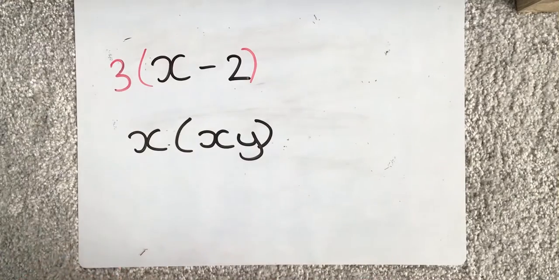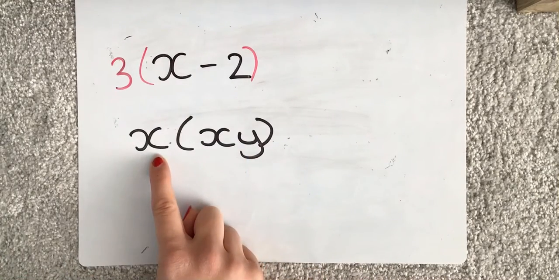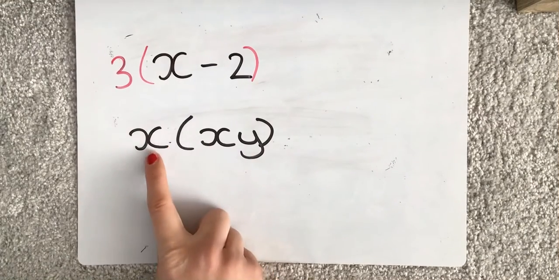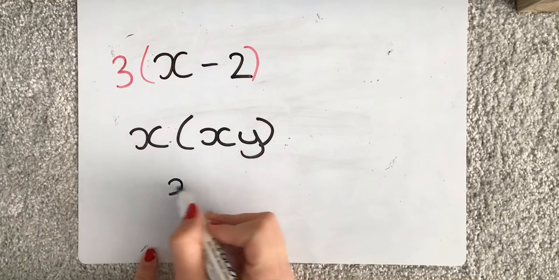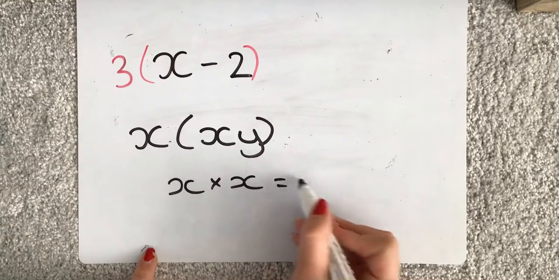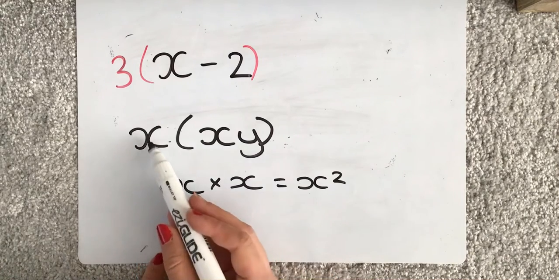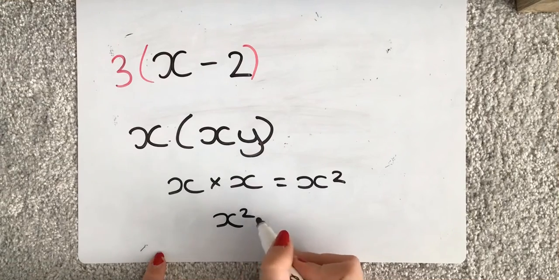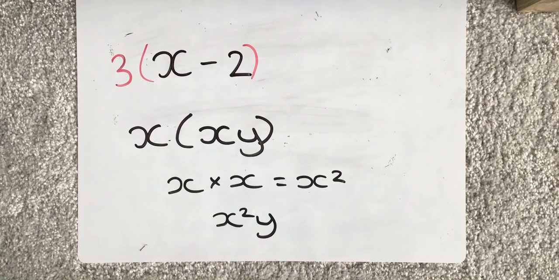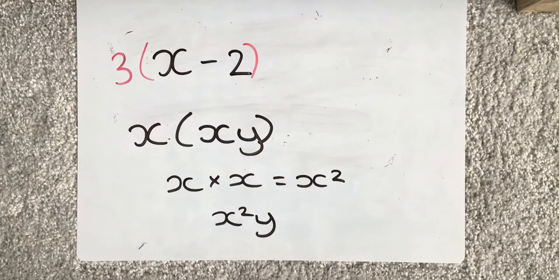Now these brackets, okay, they mean everything inside the bracket is multiplied by what's outside. So I could do x times x, which would give me x squared. Okay, and it's also then multiplied by the y. So what I end up with is this x squared y. Okay, because it doesn't actually change the y, but this x is being multiplied by this xy. And you get things like that.